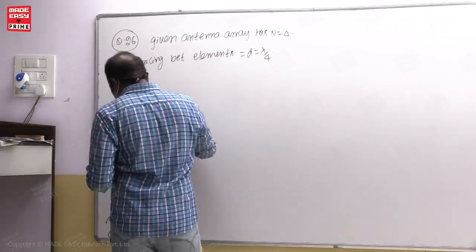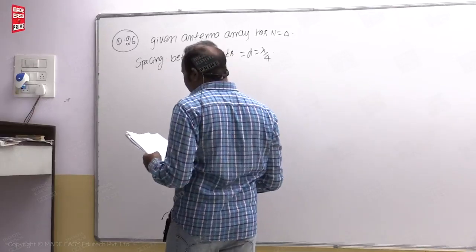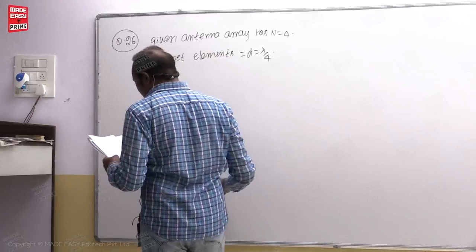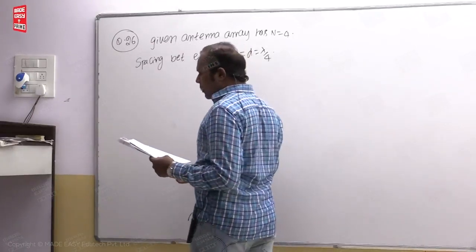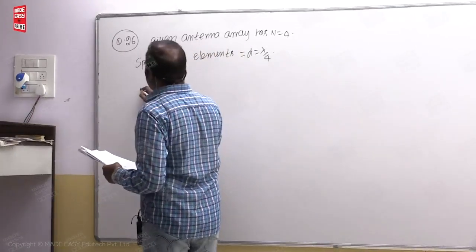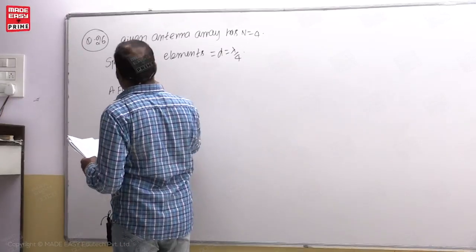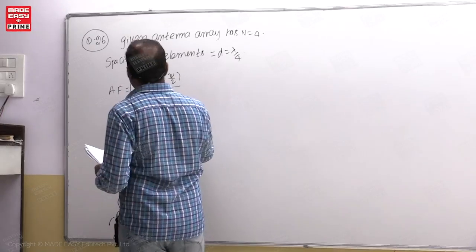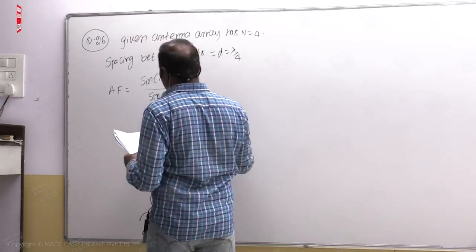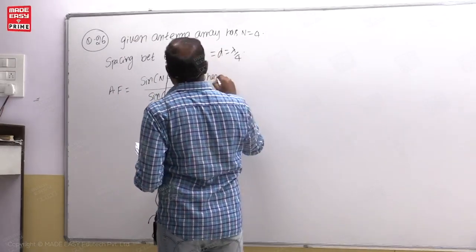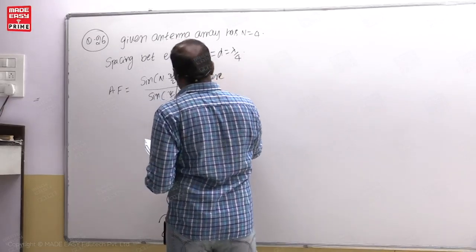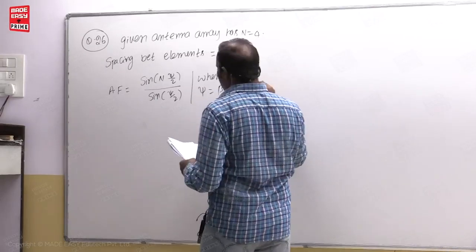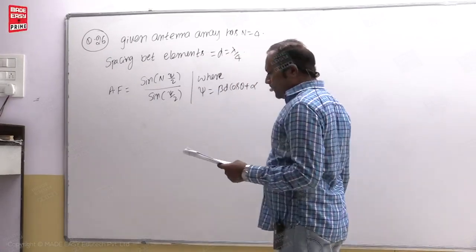Now array factor, alpha value is not given, no? So we have to take alpha 0, student. Now array factor is equal to, we know that sin n psi by 2 divided by sin psi by 2, where psi is equal to beta d cos theta plus alpha, right?